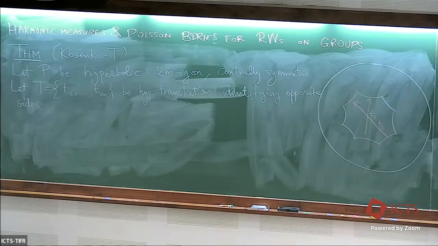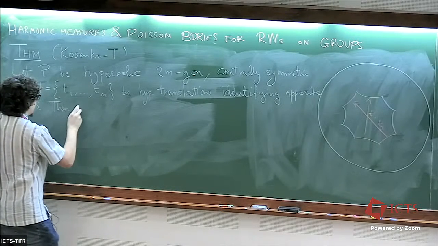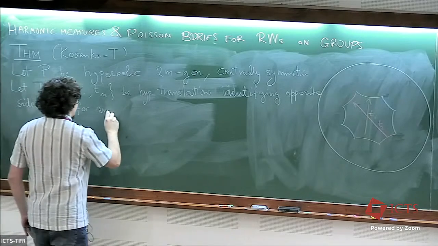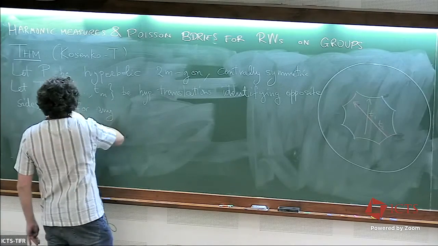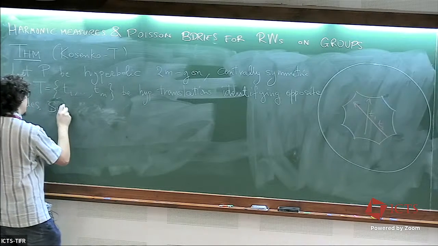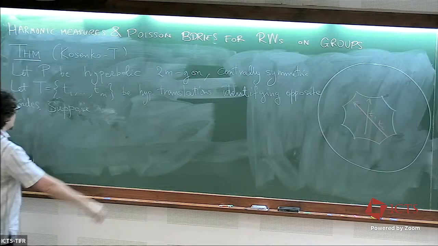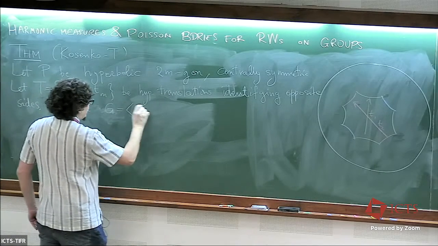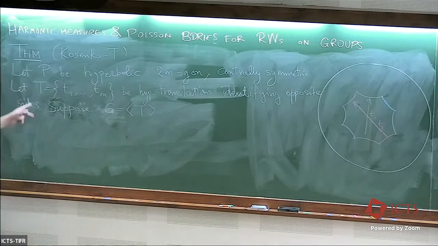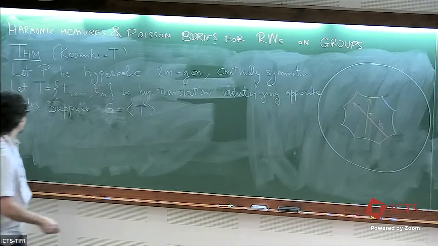Then, remember that in the Kaimanovich-Le Prince conjecture, you needed that the group generated by these hyperbolic elements be discrete.